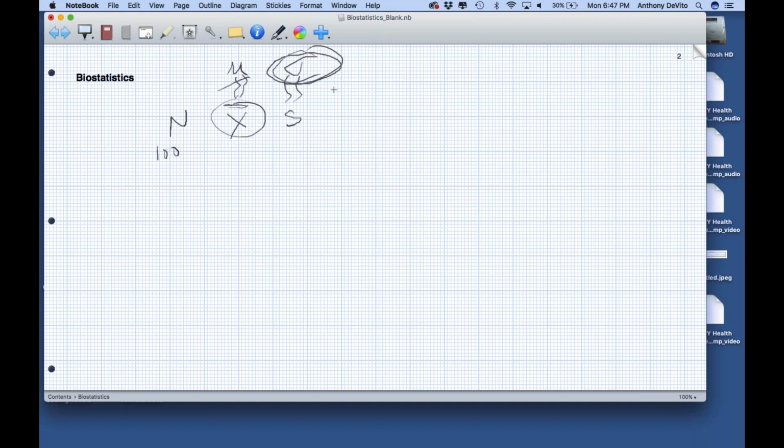But they're not going to be spread out as much as the population is because each sample mean is going to be closer to the population mean. So if I take repeated samples over and over again, the distribution of those samples about the population mean is going to have its own standard deviation. We call that standard error. And that's equal to the standard deviation over the square root of the sample size.